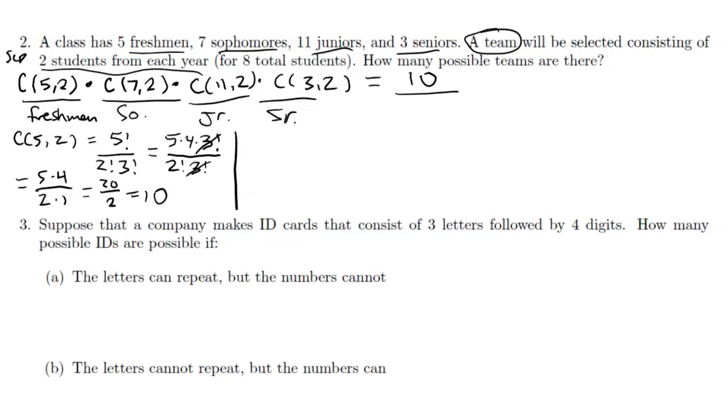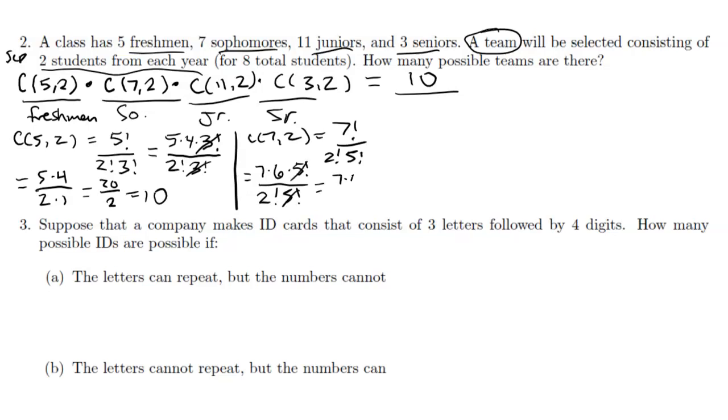So now let's look for our next combination. We've got 7 choose 2. So we're going to have 7 factorial over 2 factorial, and then 7 minus 2 is 5, so 5 factorial. So then that's going to look like 7 times 6 times 5 factorial, so that we can cancel those 5 factorials out.